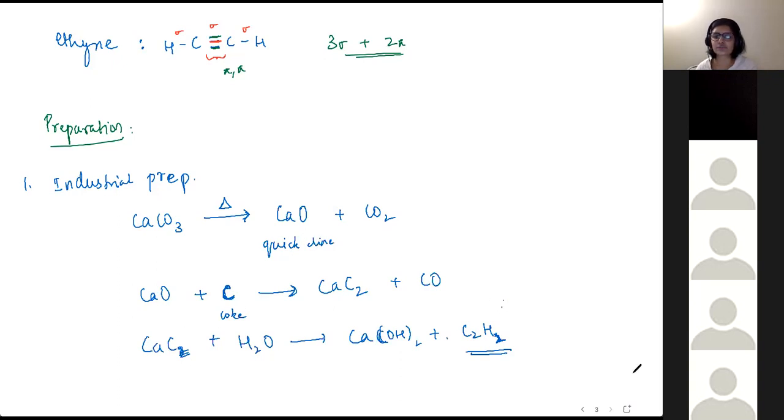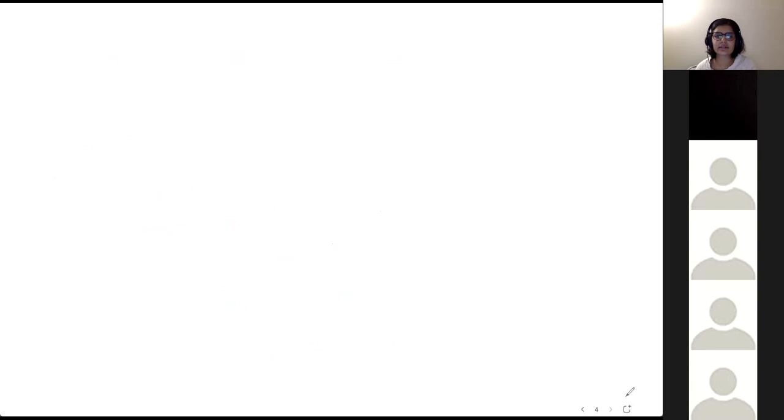Okay, so this is one. And the second method of preparation is similar to another method you saw in alkenes, which is dehydrohalogenation.